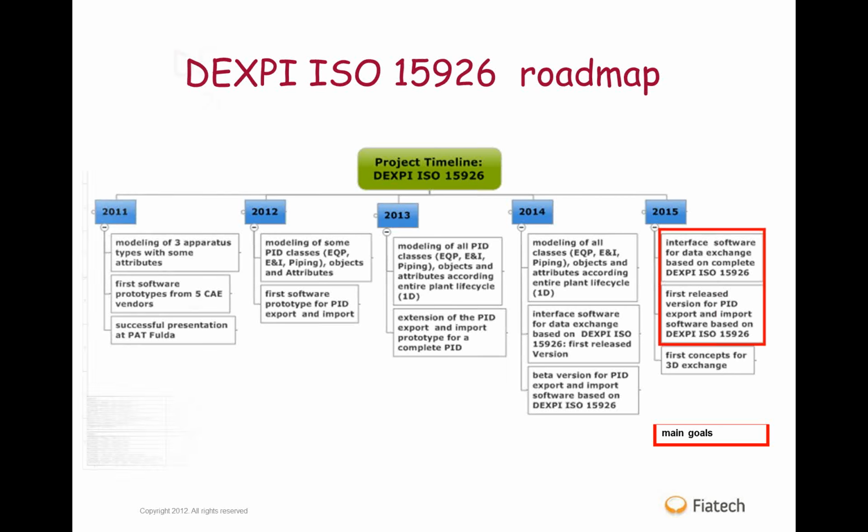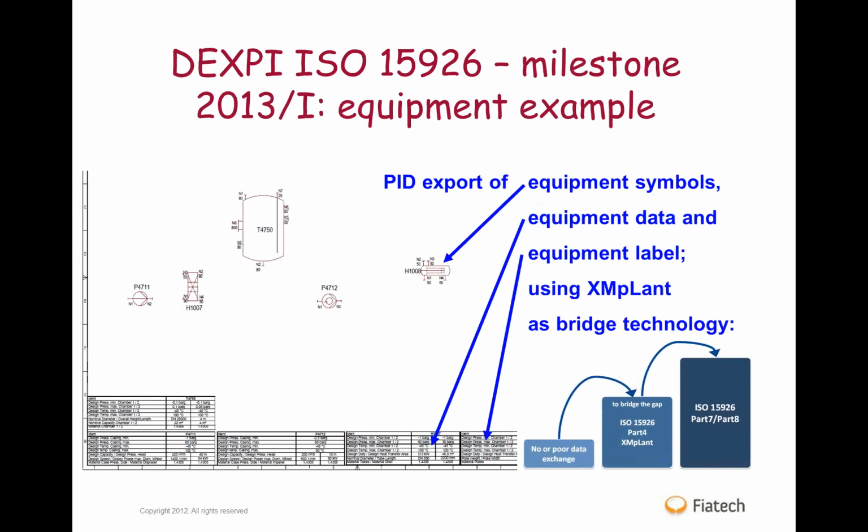So what they're looking at here is equipment and sets of equipment data, and these are just showing the stages, because the scope for a P&ID, especially the graphics, is not yet available, but not too far away, and all of the annotation. Then they see that the Proteus XMPlant schema is what is being used today, and as Part 7, Part 8 becomes available, they can use that as well.